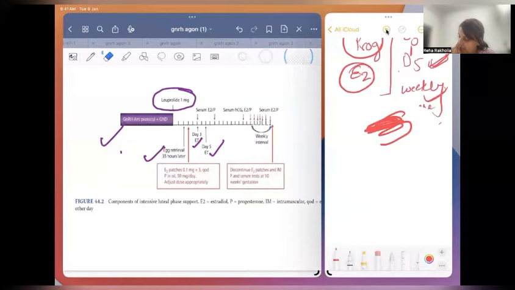Then E2 patches and IM progesterone are discontinued at 10-week gestation.